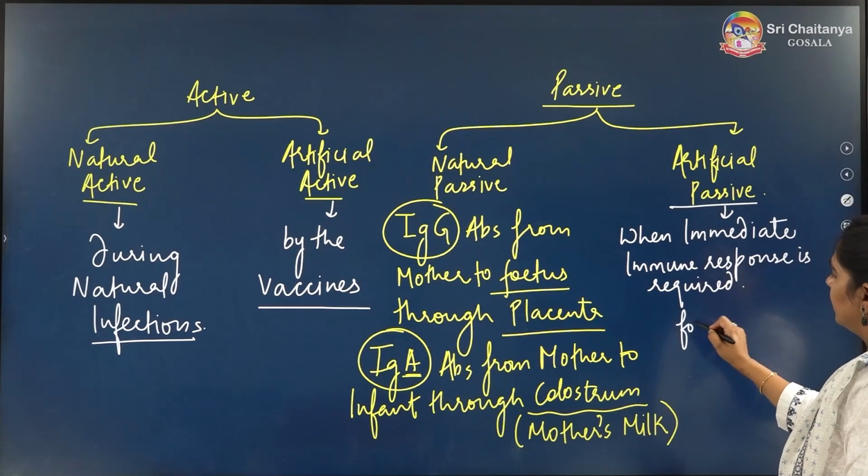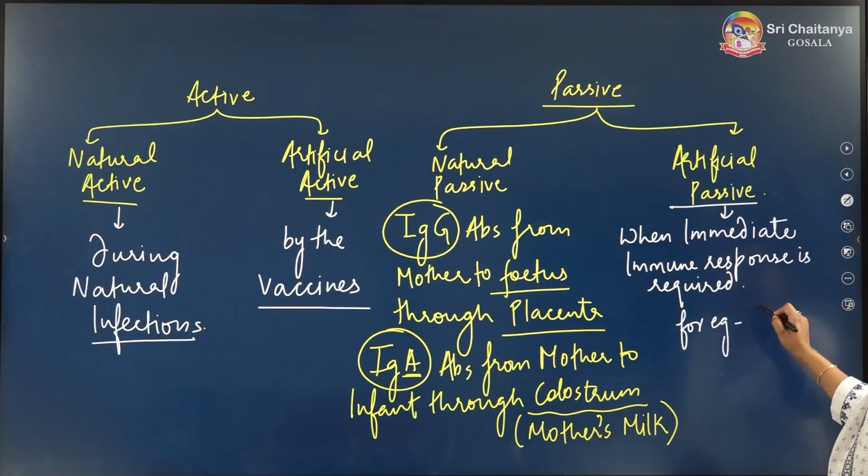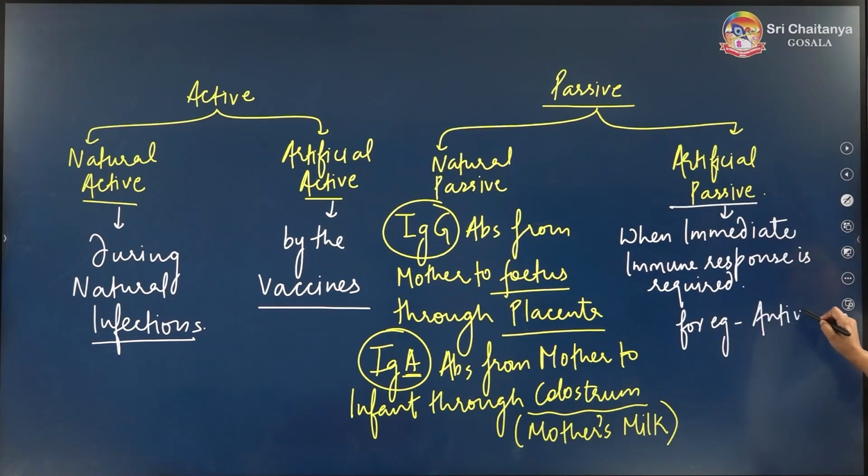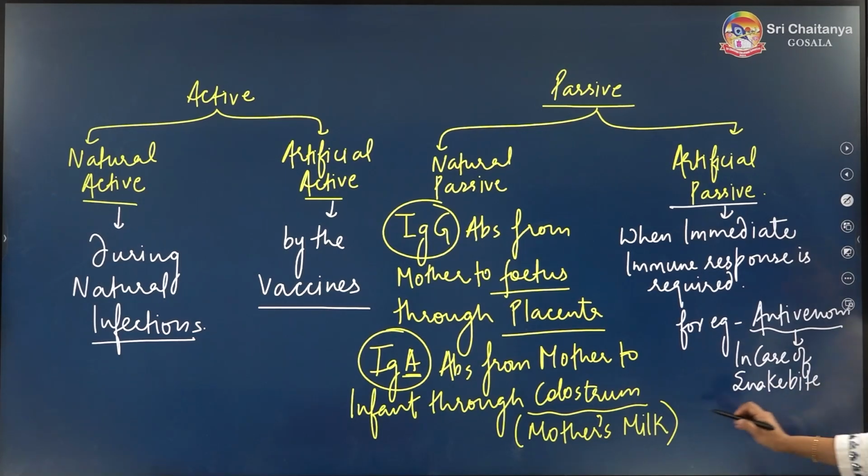For example, anti-venom. Anti-venom is given in case of snake bite. Similarly, there is another example, that is antitoxin.